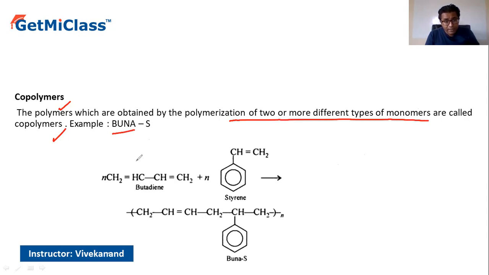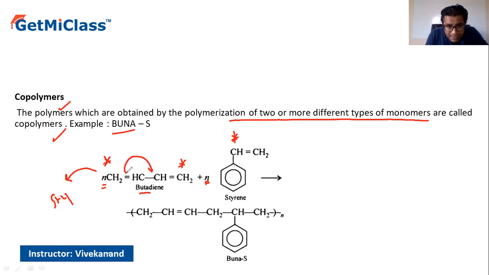Okay, so what is happening here? You have a butadiene. Observe here, there is a butadiene, right? So n number of butadiene react with n number of styrene molecules. Now, when it starts reacting, this carbon attaches to the previous molecule of styrene, at this particular point. Okay. Now, at this carbon, this particular end, what will happen first?